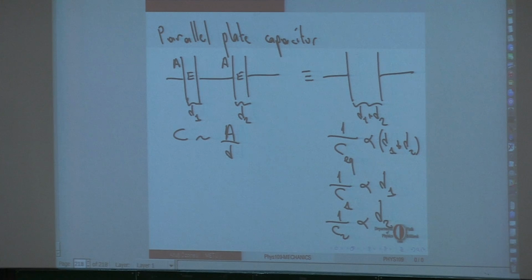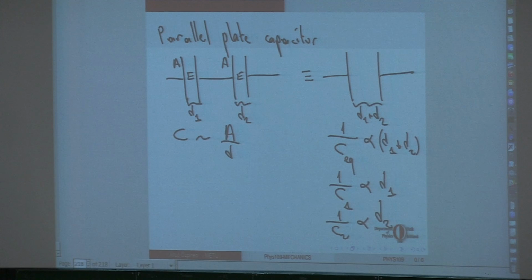So you already see that since you are adding the D's over here, 1 over the equivalent capacitance should be equal to the sum of 1 over the capacitances of the other capacitors. This is when you connect them in series.